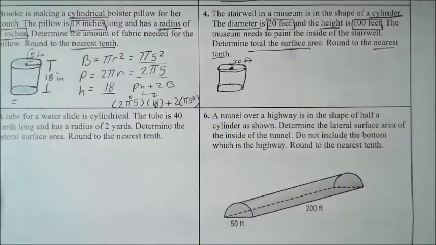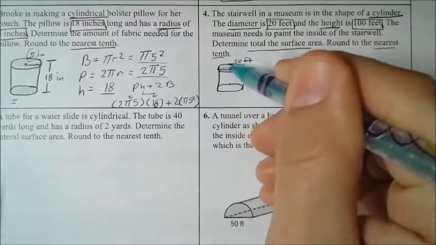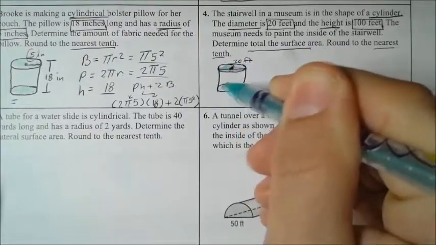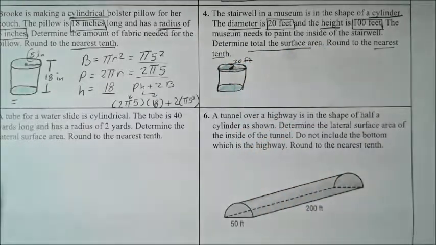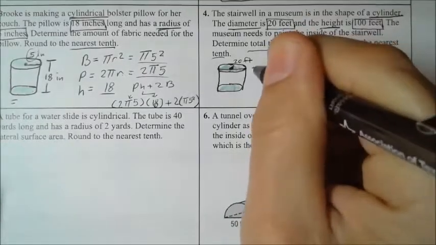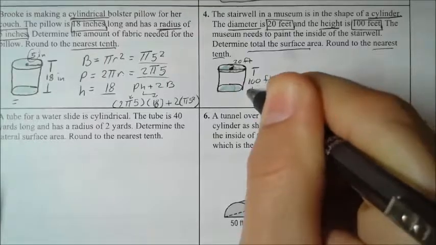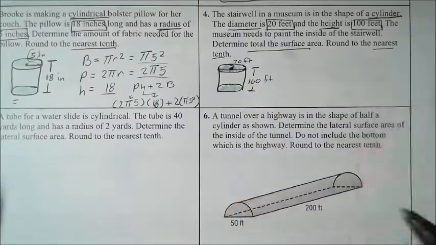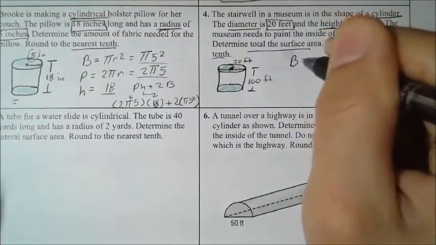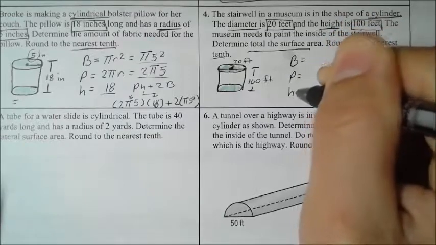Well, the height is going to be the distance between the two bases. So distance between the two bases is 100 feet. So now that we have that, we just need to find our big B, our P, and our H.